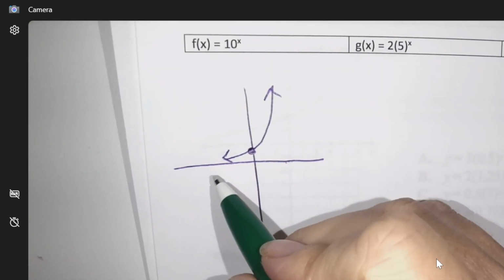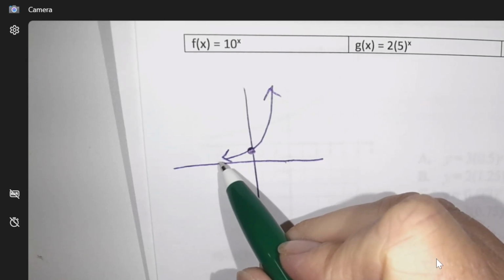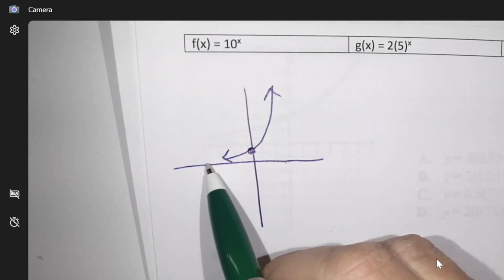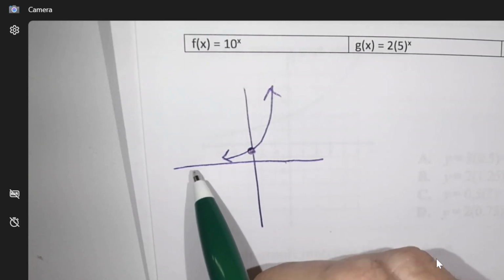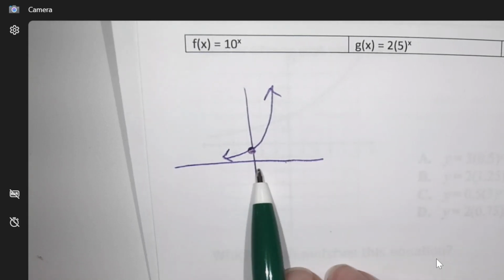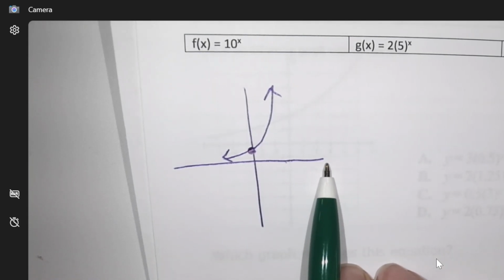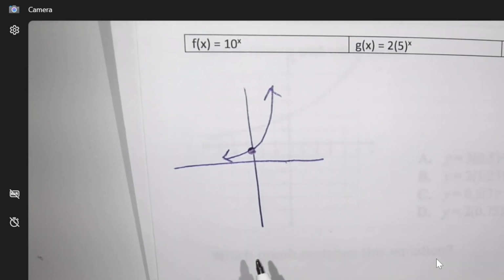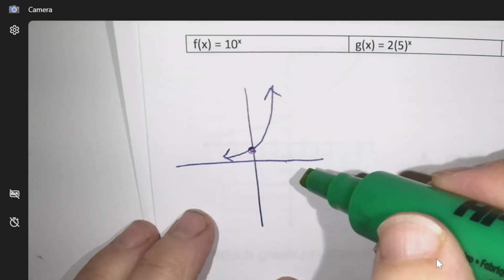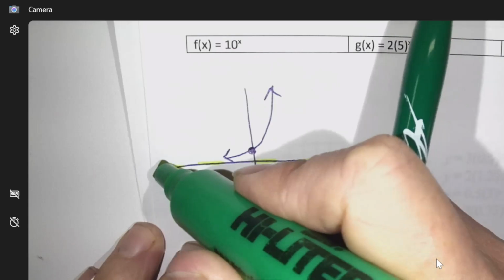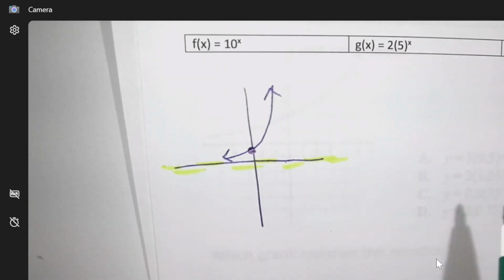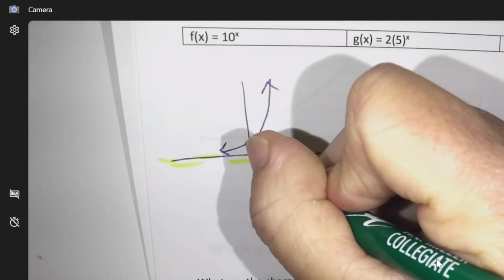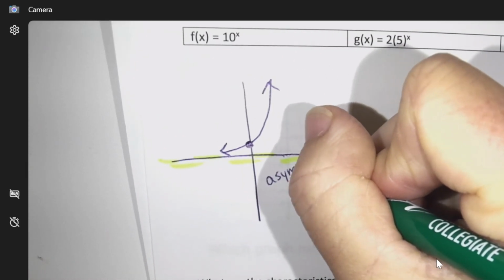Okay, it is never, ever going to cross or touch this axis down here. I don't know if you've ever heard this word before. If it's never ever going to touch and it's just going to follow along, it's called an asymptote.